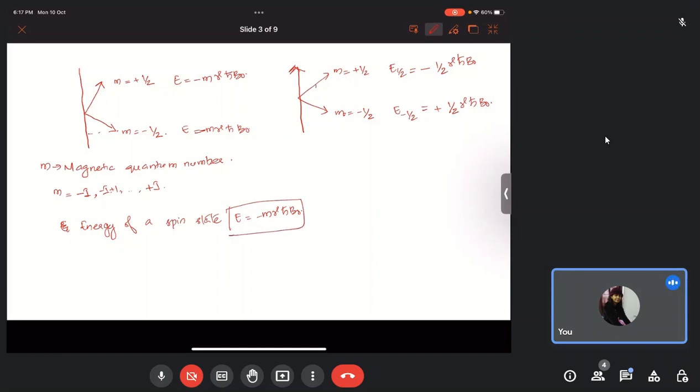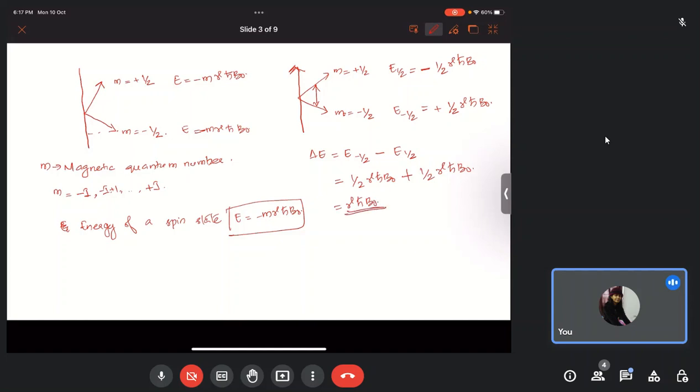And the energy gap between these two is E minus half minus E plus half. That is 1 by 2 gamma h cut B naught minus of minus 1 by 2, which is plus 1 by 2 gamma h cut B naught, which makes it gamma h cut B naught.